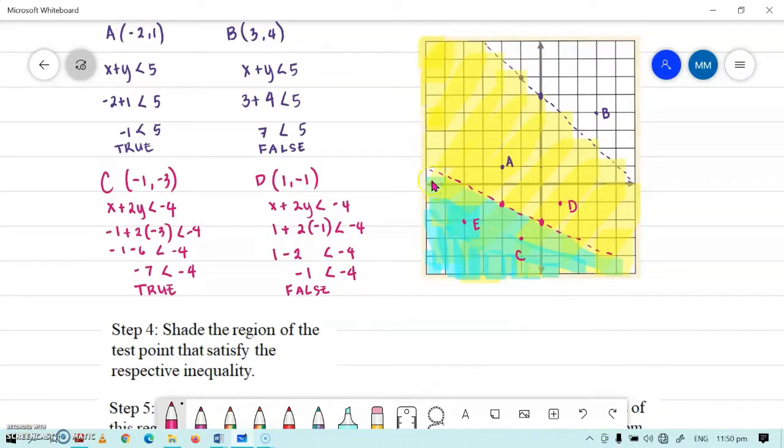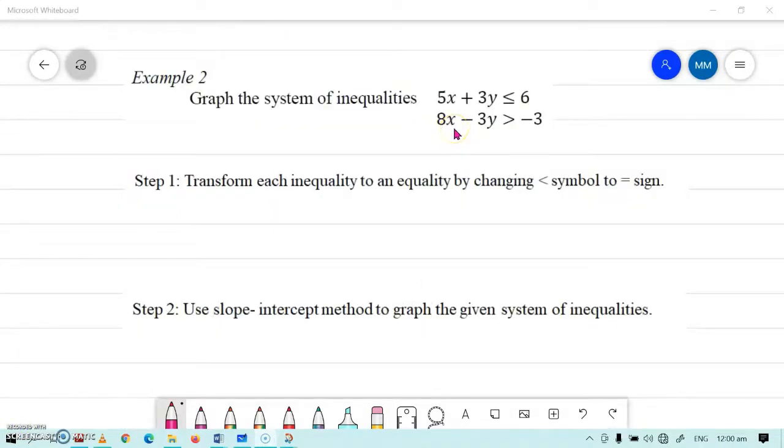Again, I'll repeat, since point E satisfies the two given inequalities, all the points that are here on the overlapped shaded region are solutions to our system of inequalities. Okay? So you have to really shade properly. Alright, now let's proceed to our second example.